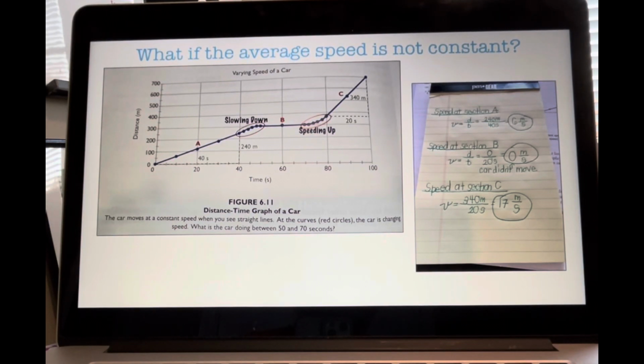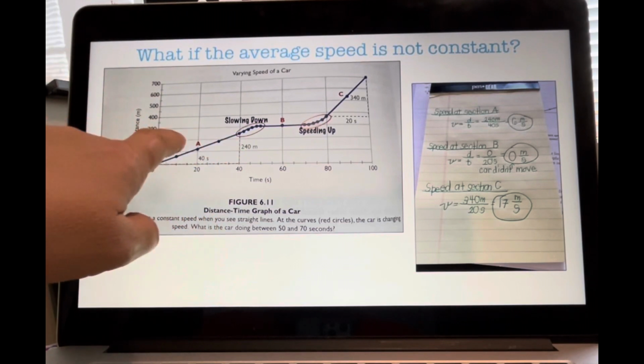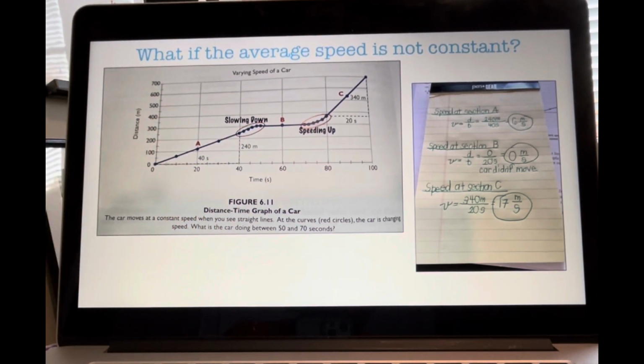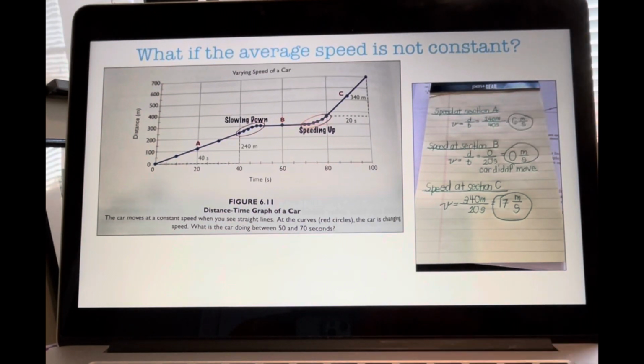From the graph, we can see that the car travels 240 meters in 40 seconds. Using equation 6.1, we can find the speed of section A. So the speed is distance over time. So 240 meters over 40 seconds is 6 meters per second.